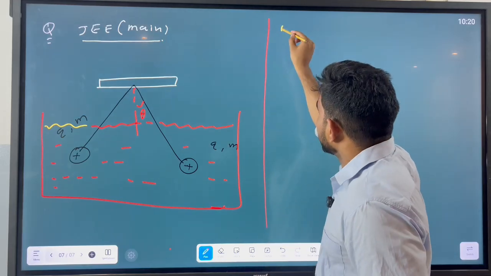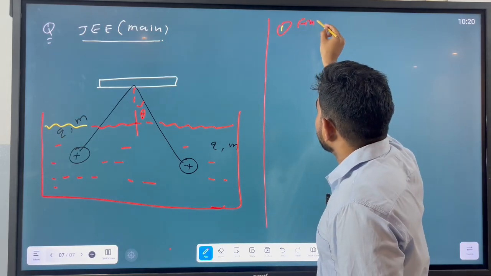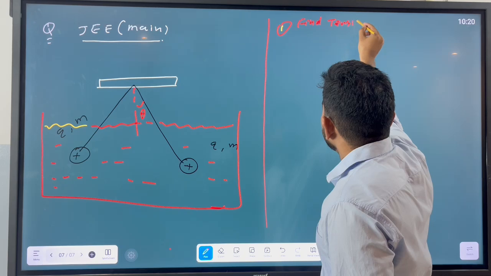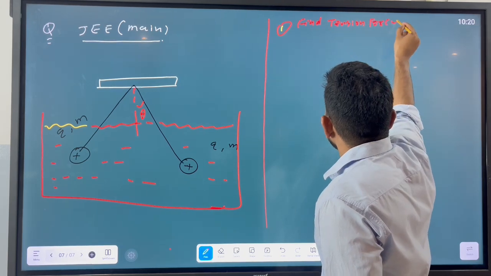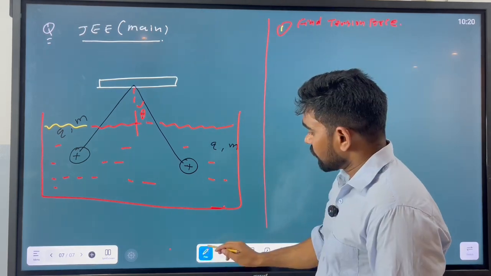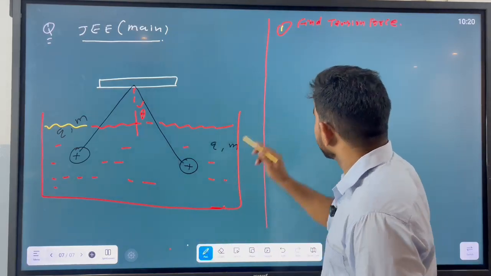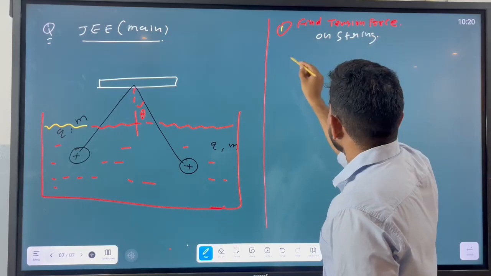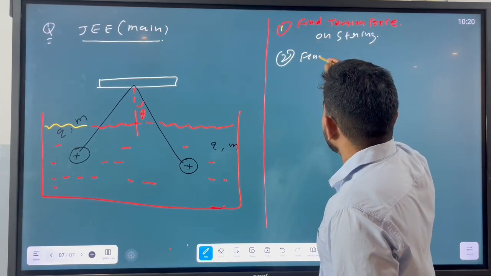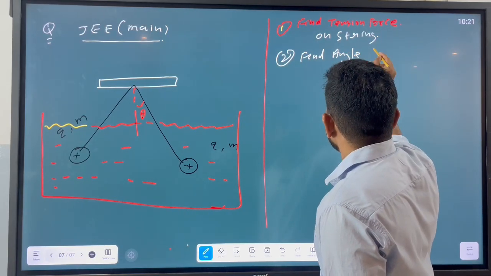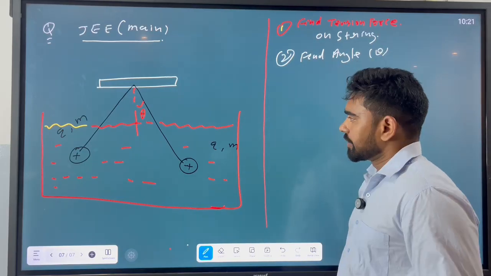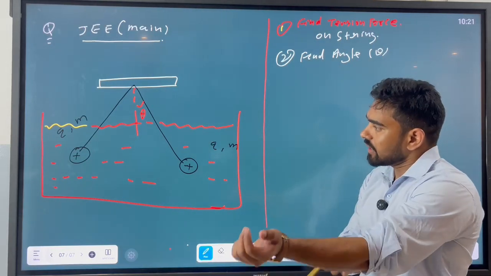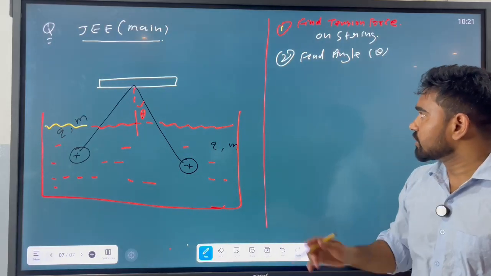Find the tension force on the string, and find angle theta. Let us start solving this problem step by step.